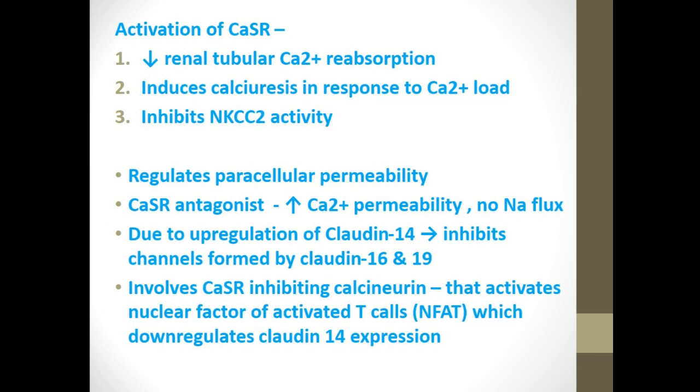Then if you see the activation of this receptor, the calcium sensing receptor, what is going to happen? When the activation of CASR happens, downregulated or decreased renal tubular calcium ion reabsorption takes place. Calcium ion reabsorption is decreased in the renal tubular region. This induces calciuria, that is the presence of excess calcium in the urine.